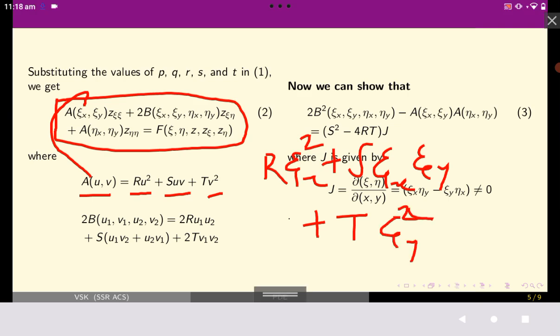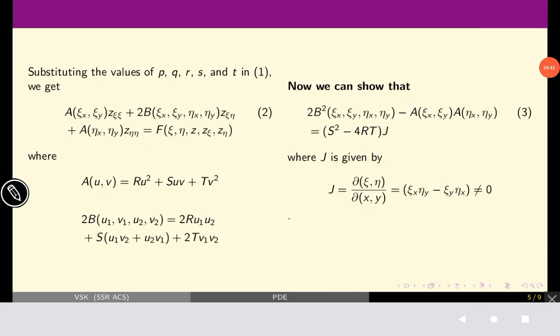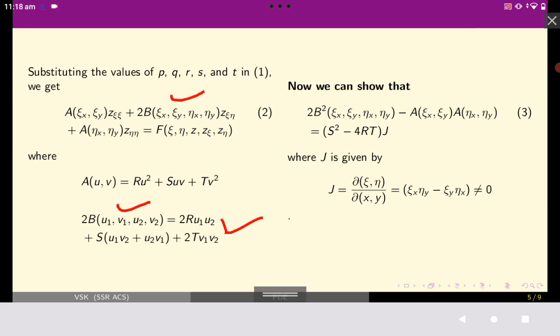In this way it is defined. And the 2 times B(u1, v1, u2, v2) is this expression, which is written over here. So in place of u1, v1, u2, v2, you can place these values, and we will get the expression in this form.